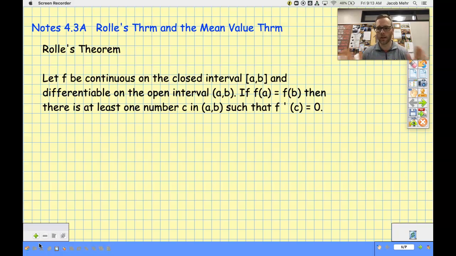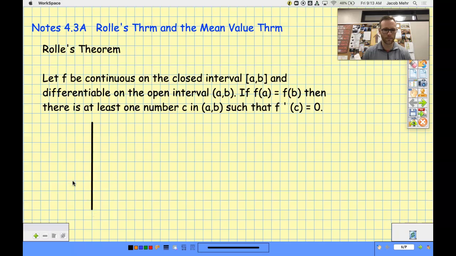All right, I've got to stop now and start drawing a picture here to make sure I understand what's happening. Let's draw some axes. We have some interval [a, b]. Let's say a is right here, and b is right here.